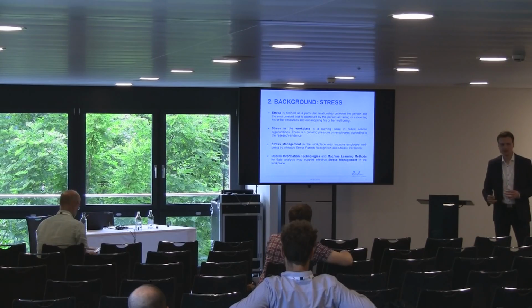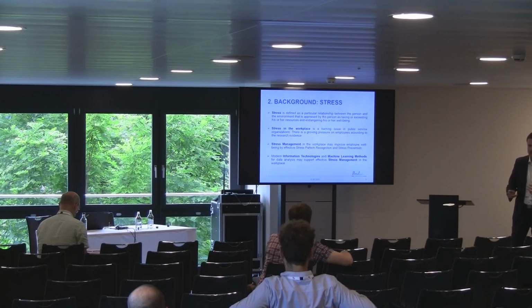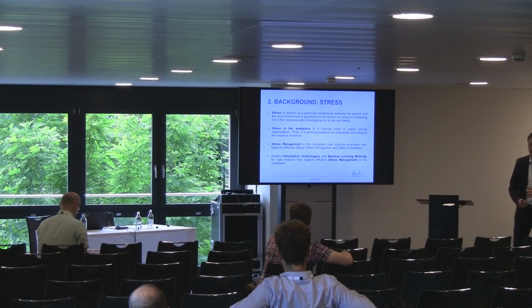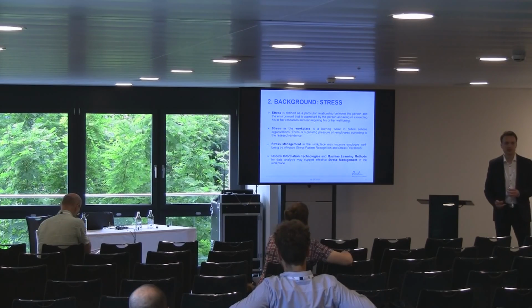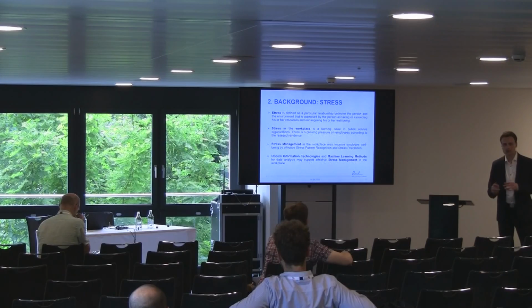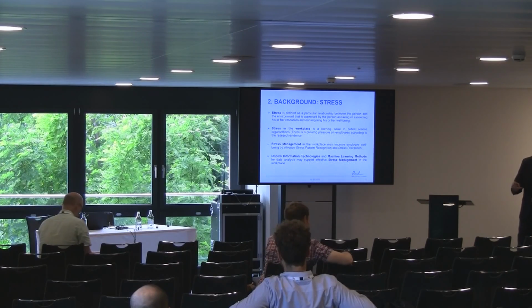Also, stress is a burning issue in public service organizations, and research evidence shows that this problem will continue to grow. However, modern information technologies coupled with machine learning methods can help to identify stress early and possibly prevent it.